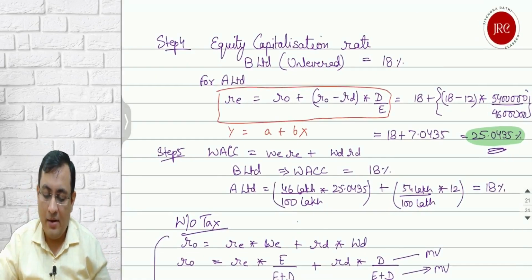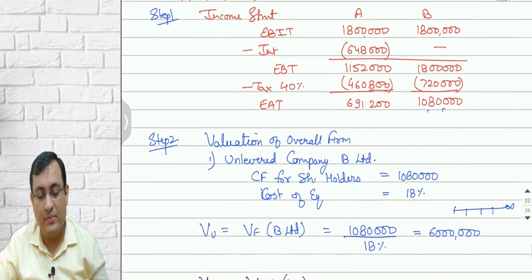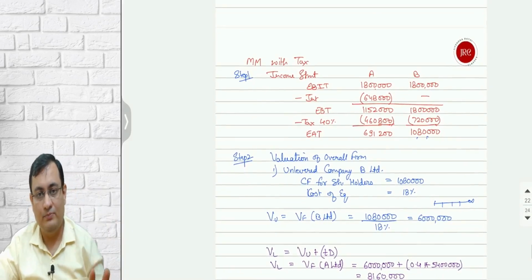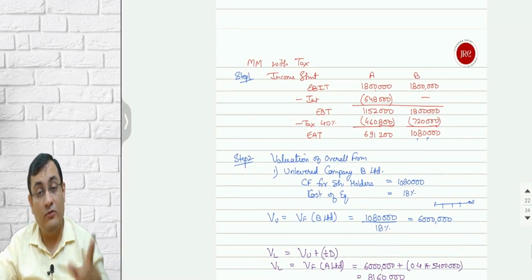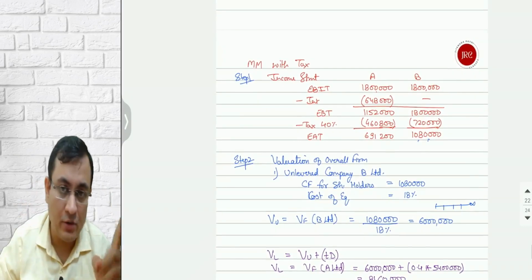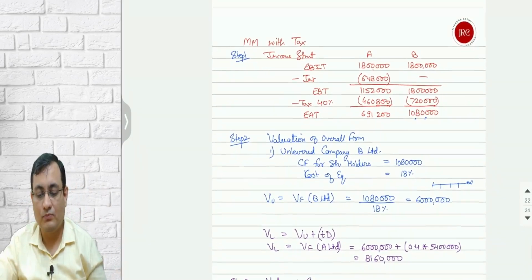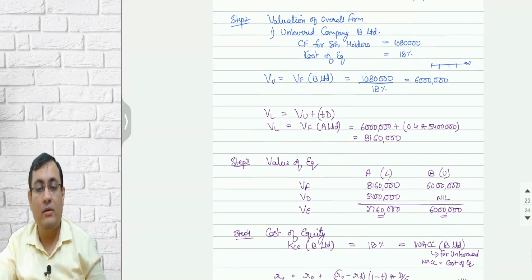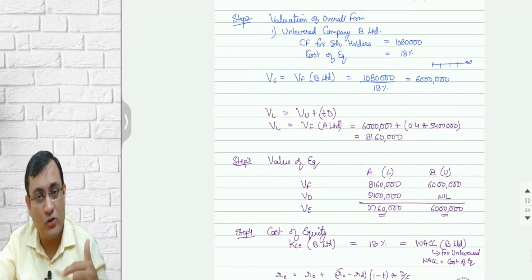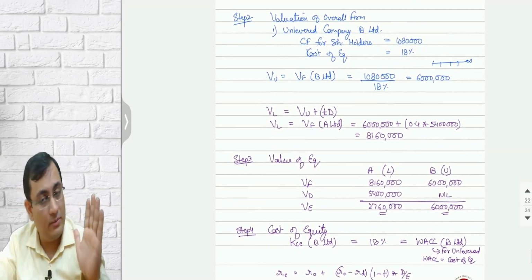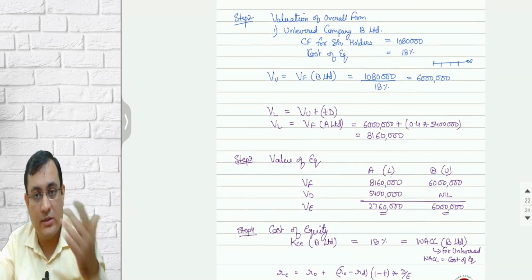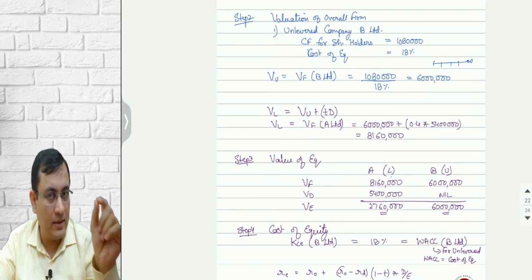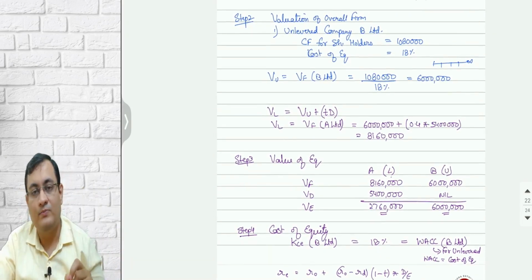Next, with taxation, it's a 6-step method. First calculate the income statement. Then calculate the value of the overall firm, first for unlevered, and then use it for calculating the value of levered. Then calculate value of equity by subtracting value of debt. Then calculate cost of equity. Cost of equity is always there for the unlevered firm, because this is the starting point, the intercept on the y-axis.